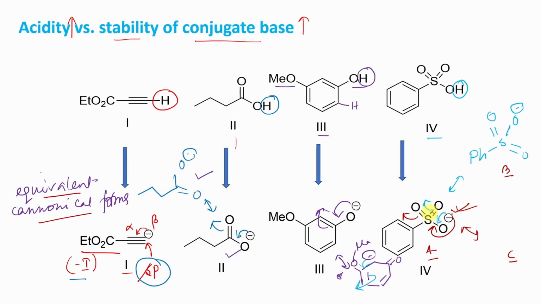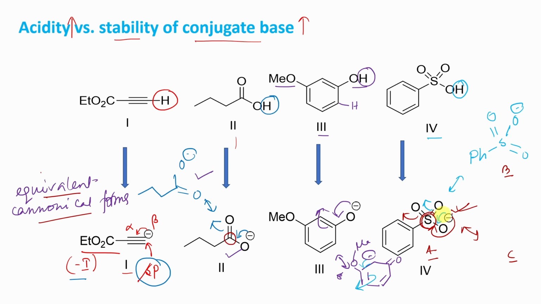Not only that, here the atom is sulfur, whereas previously the atom was carbon. Sulfur is more electronegative compared to carbon. Consequently, this O- is highly stabilized, by the -I effect of sulfur, because it is a significantly more electronegative atom.